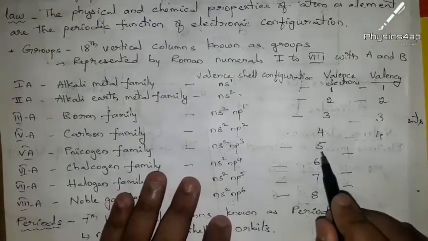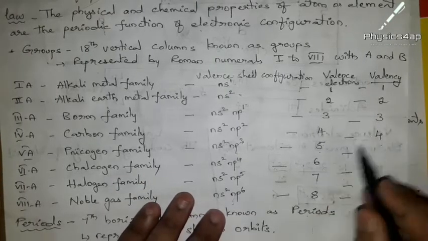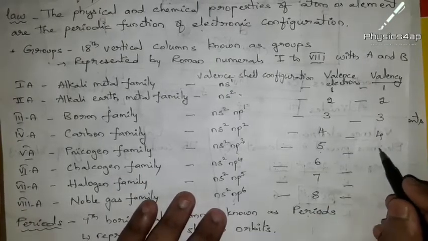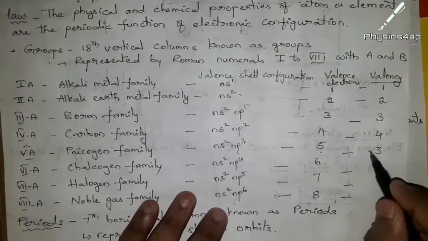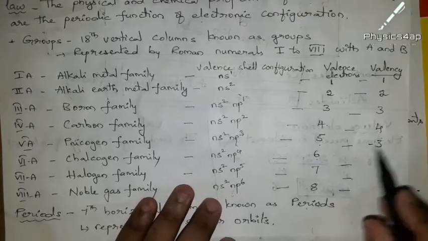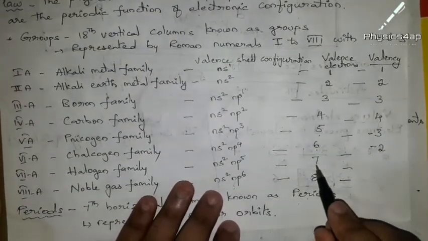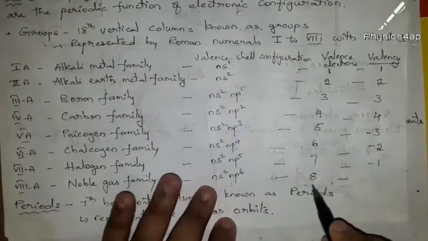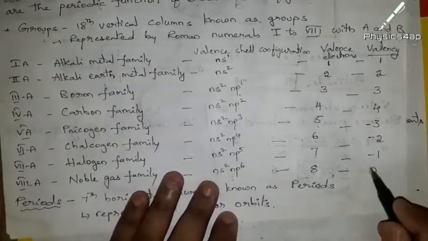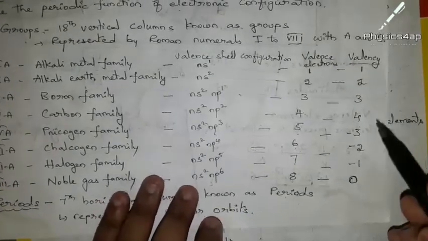But when coming to 5, here it will be decreased: 5 minus 8 we get as minus 3, so we represent it as minus 3. Coming to 6 minus 8, minus 2. 7 minus 8, minus 1. 8 minus 8, 0.